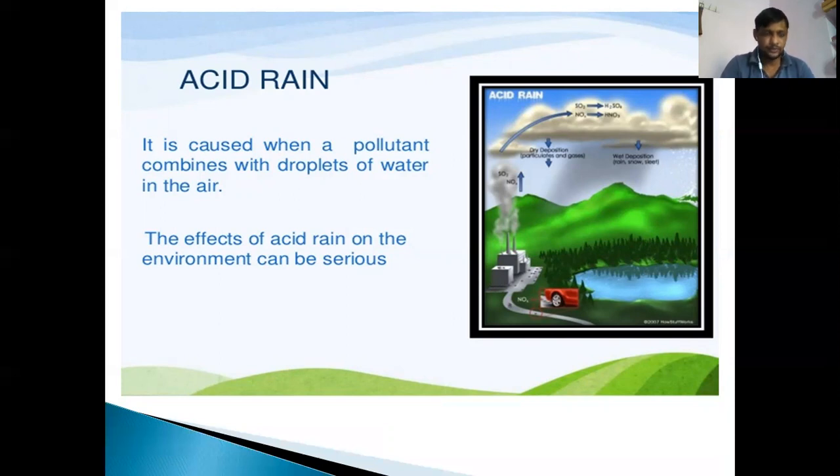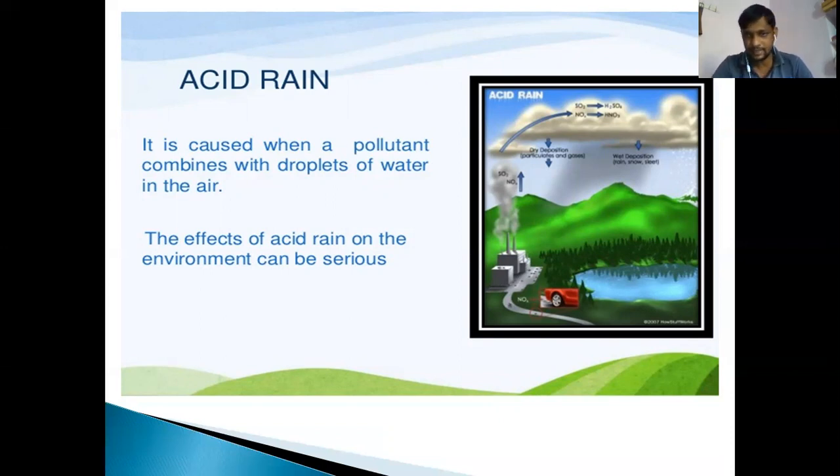See, when sulfur dioxide mixes with water, it forms sulfuric acid, that is H2SO4. So that H2SO4 is the acid that is falling on the earth. That water or that liquid is called acid rain.